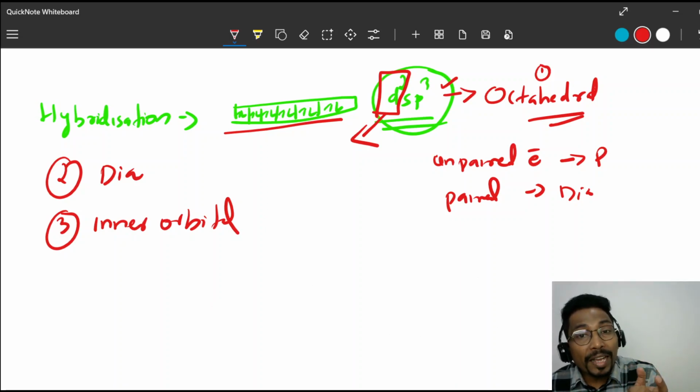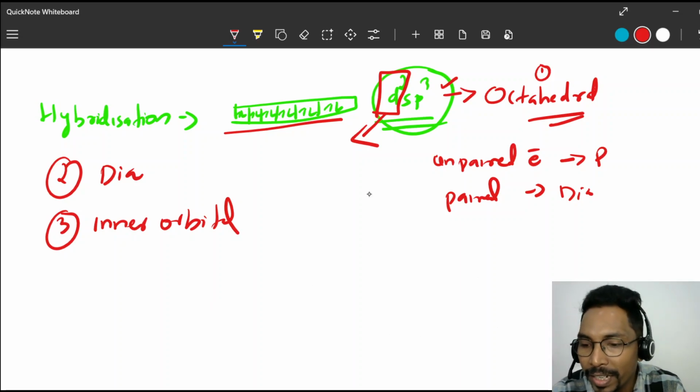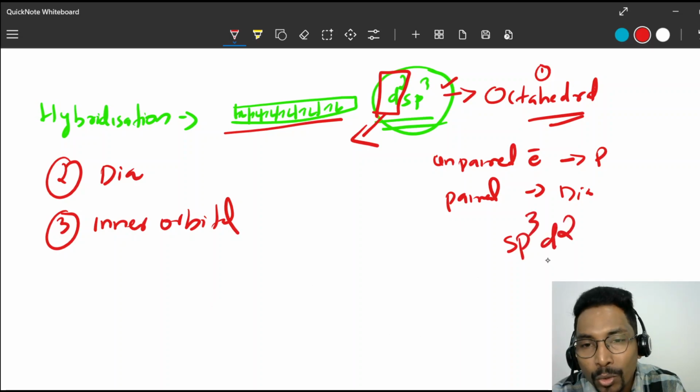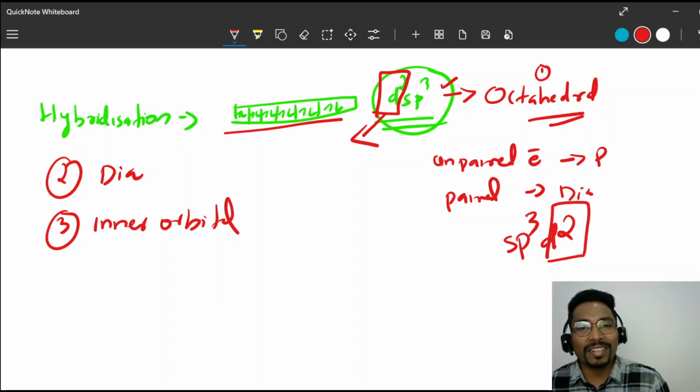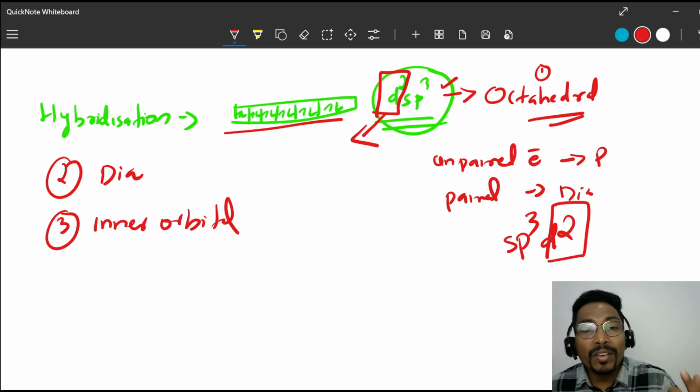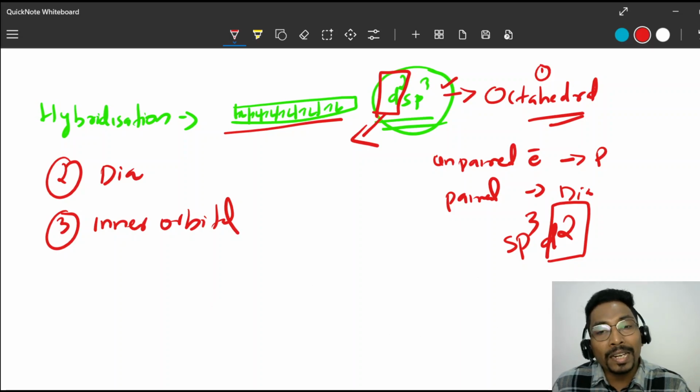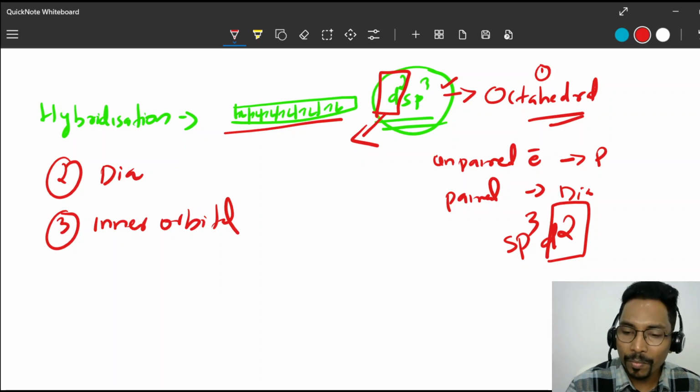If the hybridization is sp3d2, this d2 is coming after sp3, right? That means they are utilizing outer d orbital. So if the hybridization is sp3d2, it will be an outer complex, and if the hybridization is d2sp3, that will be an inner complex. That's it.